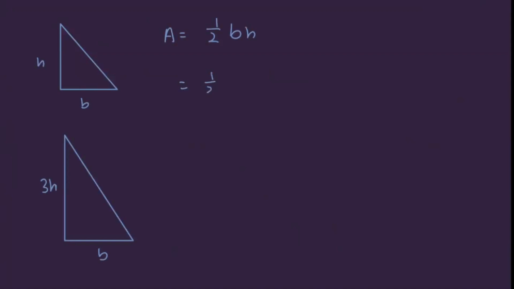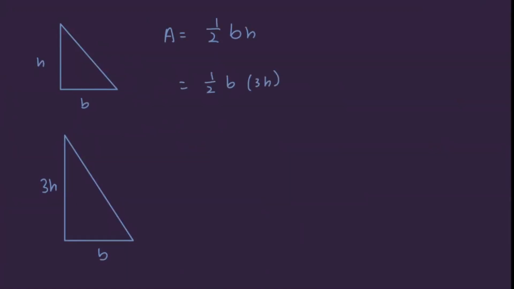We know the area of a triangle is A equal to 1/2 base times height. Let's say we want to triple the height, so that will be 3h. So we can just plug 3h in, and we would have 1/2 times base times 3h.